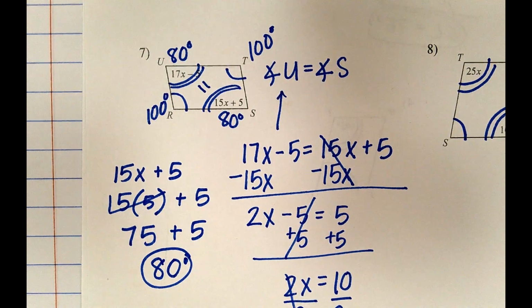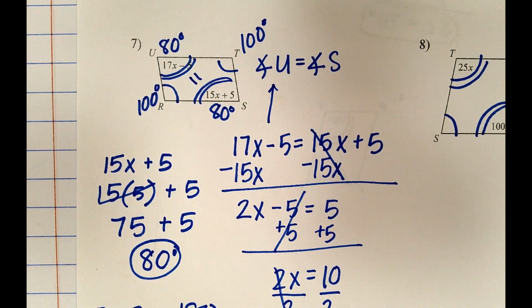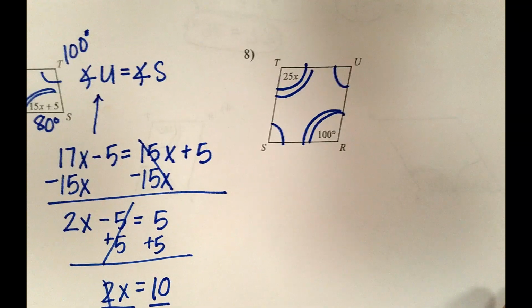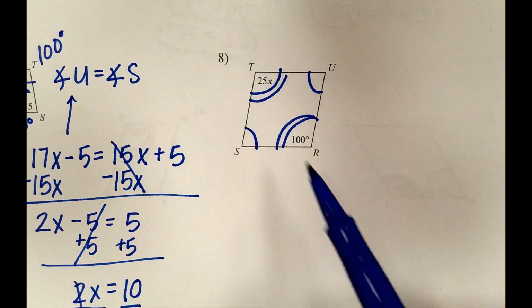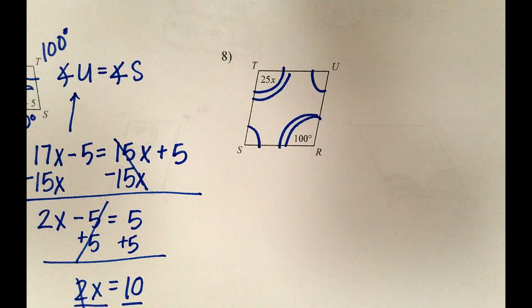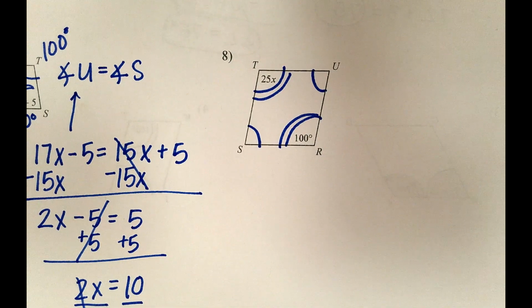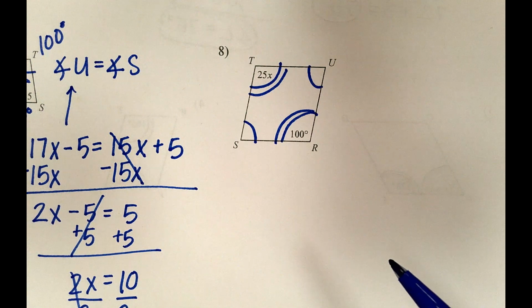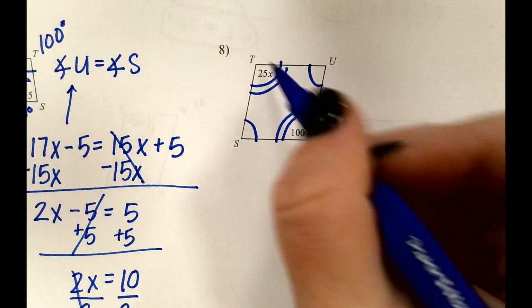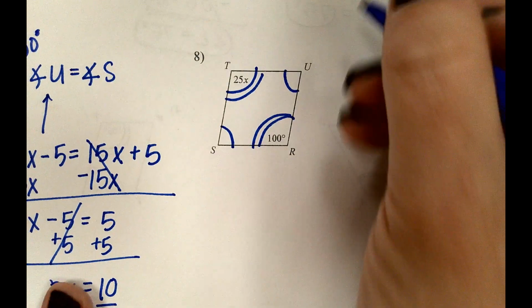Very good. Okay, let's look at number 8. Are angles T and R equal to each other, or do they add up to 180? They're opposite angles, so they are equal.